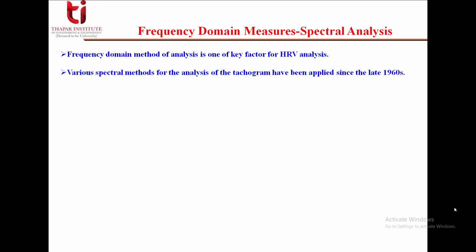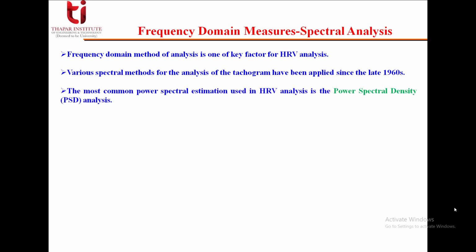Various spectral methods for the analysis of the tachogram have been applied since the late 1960s. The most common power spectral estimation used in HRV analysis is the power spectral density, or PSD, analysis.